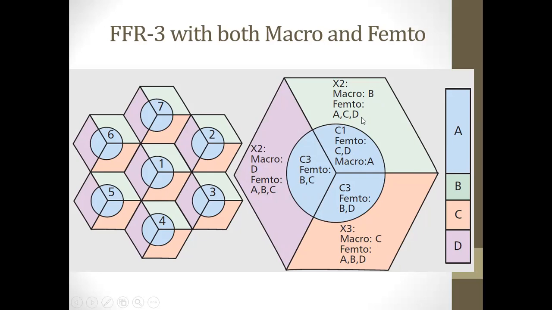Macro D, rest ACD. And similarly here inside, you also allocate a part. Macro is using A, you use CD here. But you don't allocate D here because next to it in this region you have macro B, so there could be interference. So you use CD.